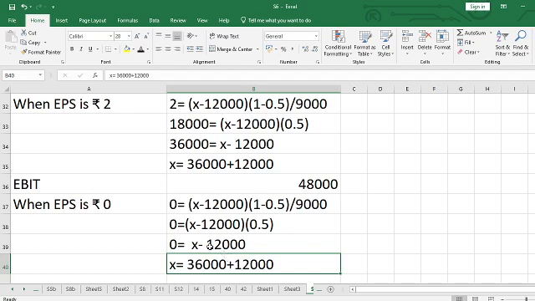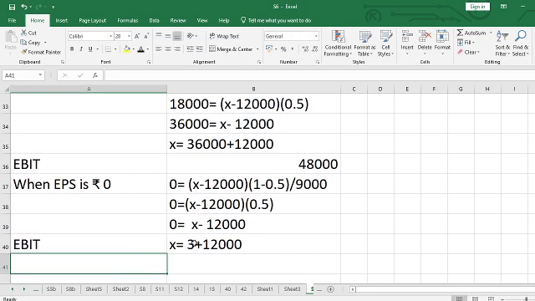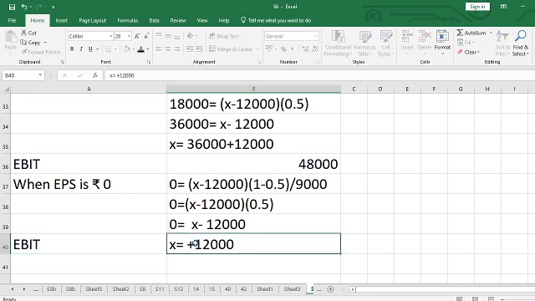So ultimately the X value will remain on this side, and minus 12,000 will go to the left hand side and become plus 12,000. So the likely level of EBIT will be 12,000. When EBIT is 12,000, 12,000 minus 12,000 will become 0. So the EPS is ultimately 0.